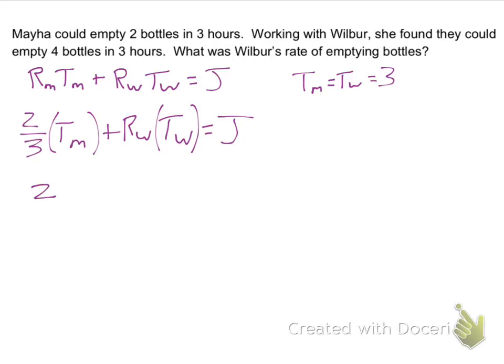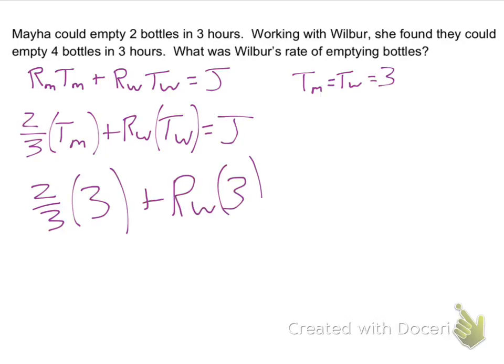So now, if I take Maya's rate times the time she's going to work, plus Wilbur's rate times how long he will work for, we will finish 4 bottles. Can you solve for RW? And remember, when you solve for RW, it's a rate. The rate will be bottles per hour. What happens to the 3's in the beginning?